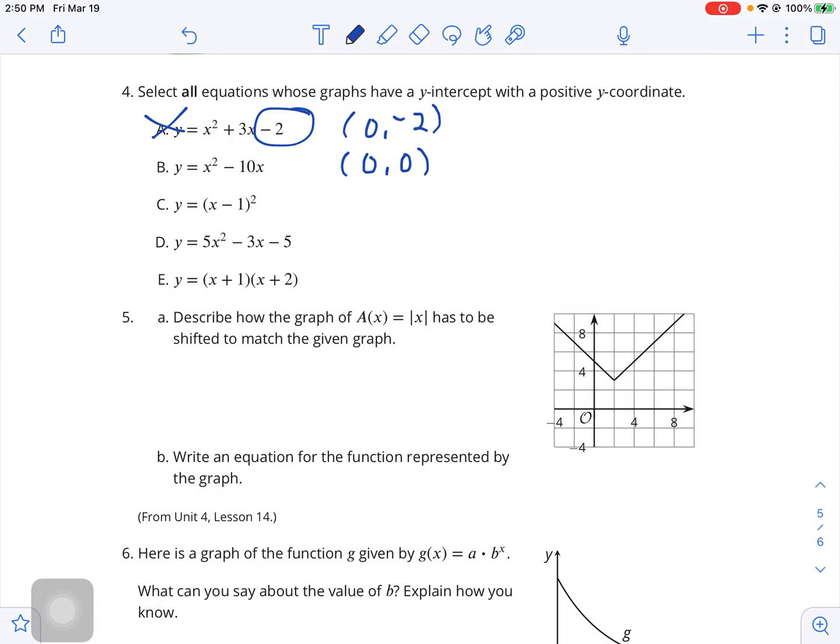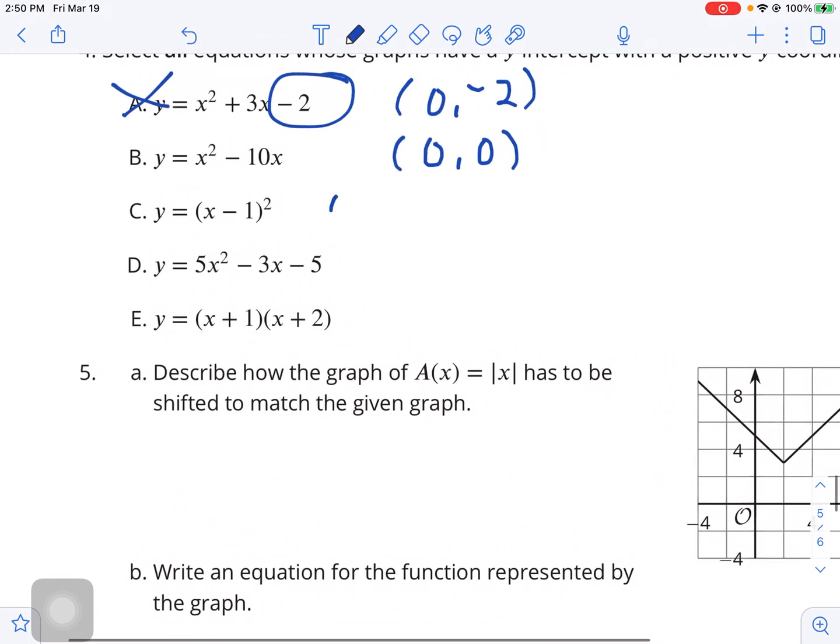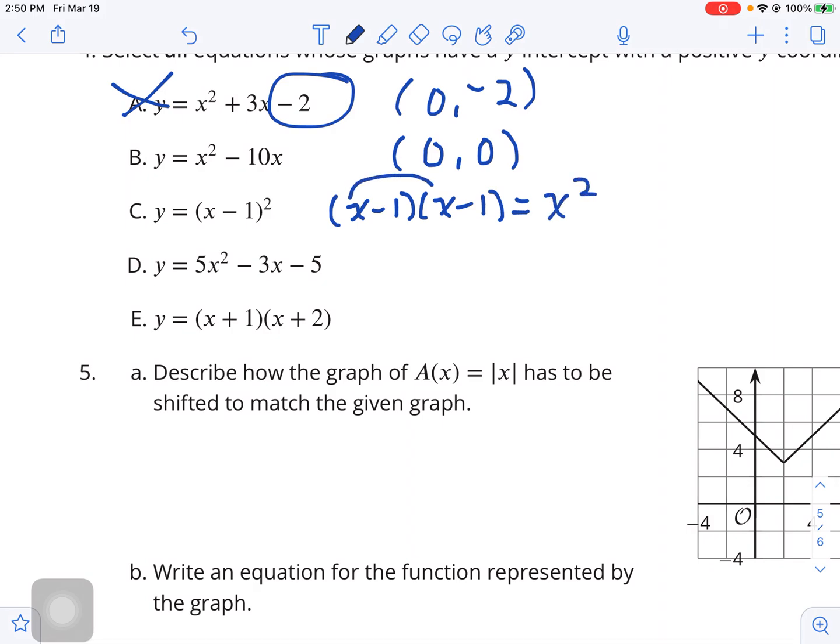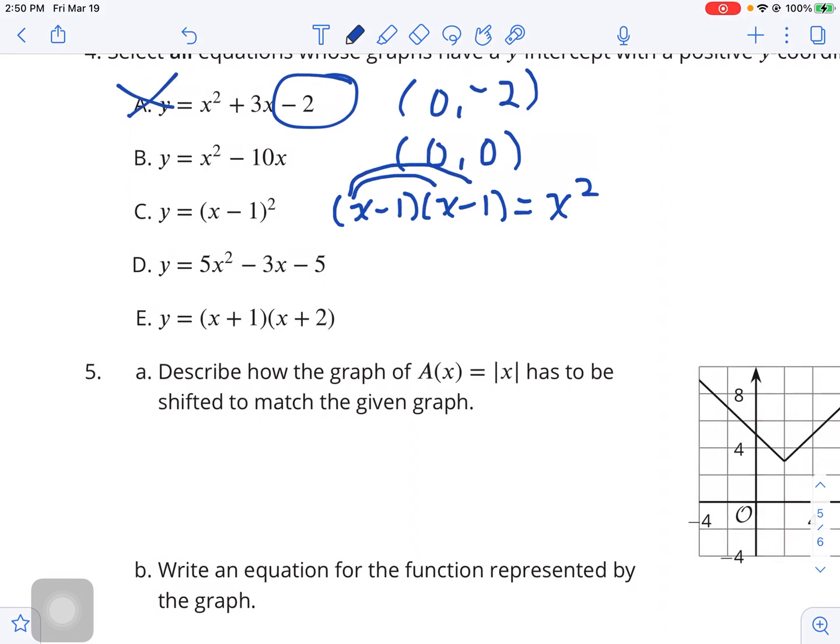This one, if we multiplied x minus 1 times itself, which is what that means, if we expand this out, using the distribution property, we have x times x is x squared, x times negative 1 is negative x, negative 1 times x is negative x, and negative 1 times negative 1 will give us a positive 1.